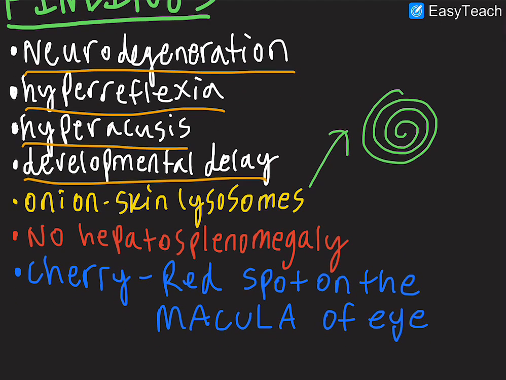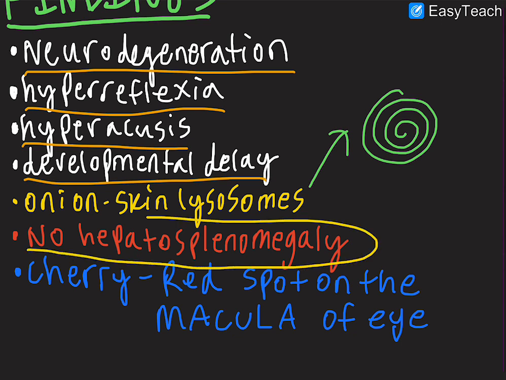And this is really important, which is why I wrote it in red. In Tay-Sachs disease, you do not see hepatomegaly and you do not see splenomegaly. That's basically you don't see enlargement of the liver and you don't see enlargement of the spleen. The reason we have to know this is because you usually see this compared to Niemann-Pick disease, because in Niemann-Pick disease, you do see hepatomegaly and splenomegaly.